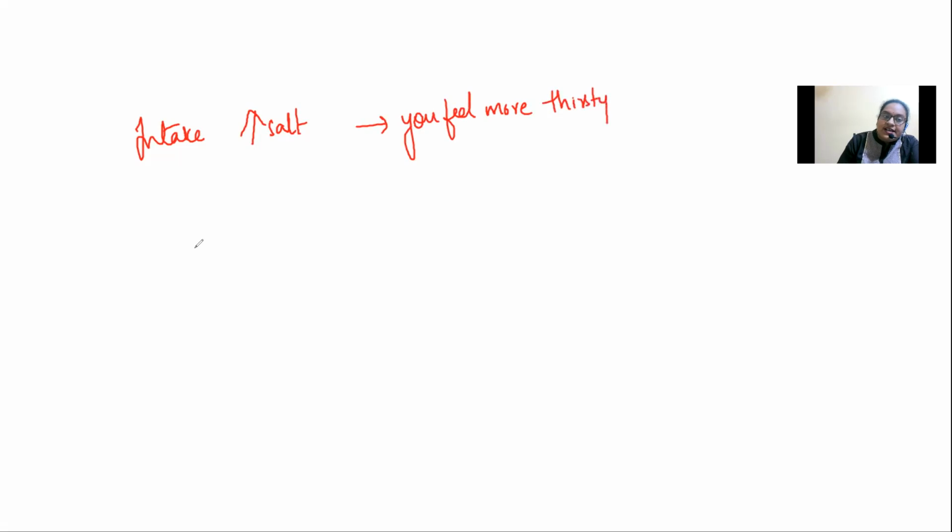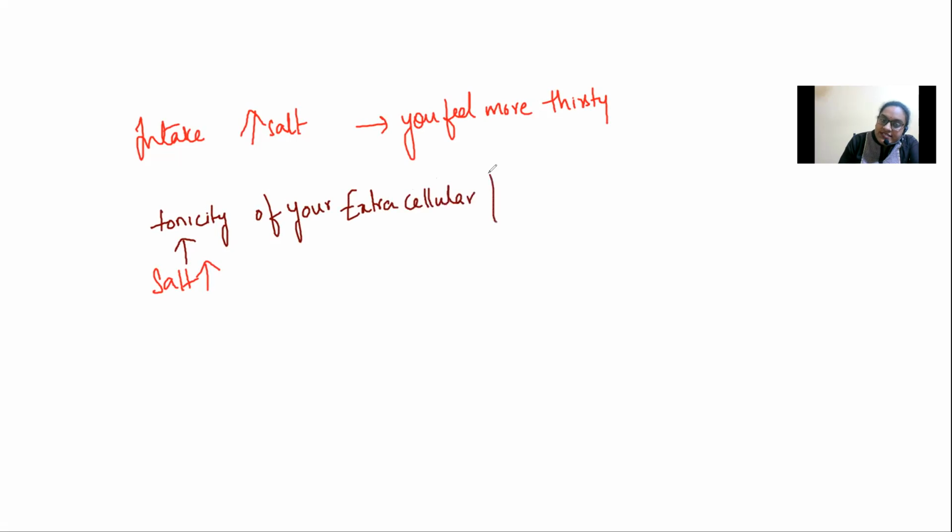When the salt intake increases, this increases the tonicity of your extracellular fluid. If the tonicity increases, what do we call this fluid? A hypertonic solution, or hypertonic fluid. So now your extracellular fluid has become hypertonic.